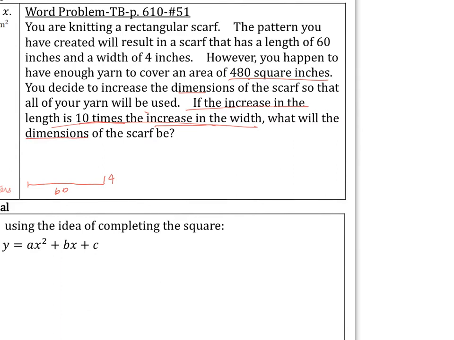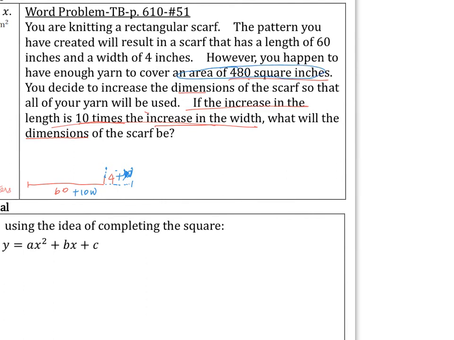So we're going to increase the length by 10 times the width increase, so plus 10W. And we're going to increase the width, so plus W. And after doing that, this will cover an area of 480 square inches.